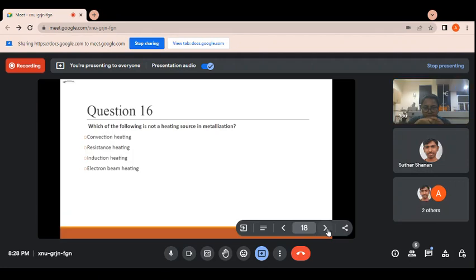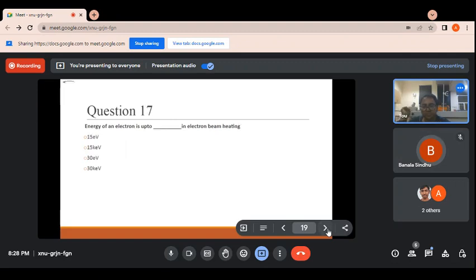Ma'am, maybe induction heating, ma'am. No, the right answer is convection heating. The energy of an electron is up to what in electron beam heating? 15 eV, 15 keV, 30 eV or 30 keV. 15.